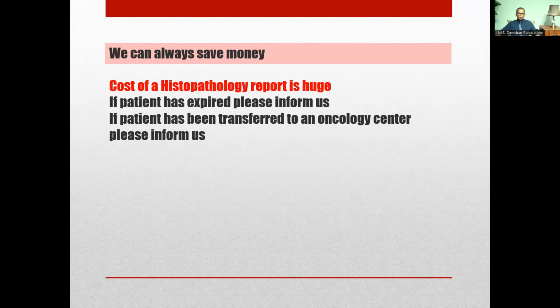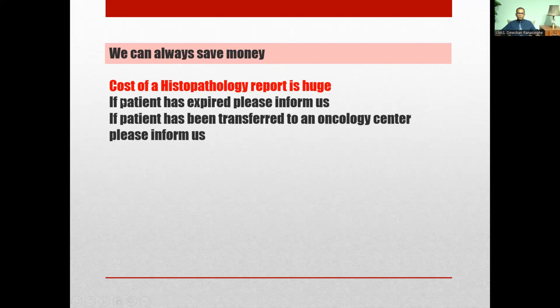There's something called free health. This is the government funded or publicly funded health. So we always have to try to save money for the people, for the country. In order to do that, if the patient has expired, please inform us.